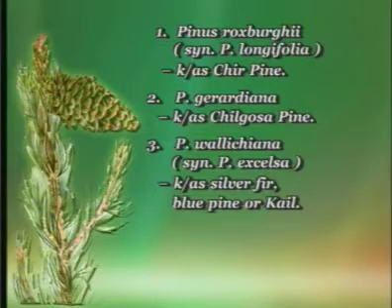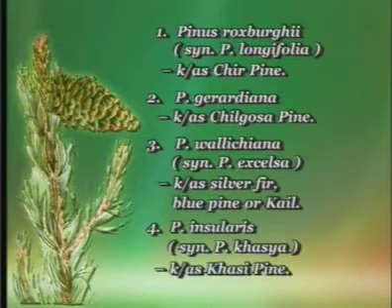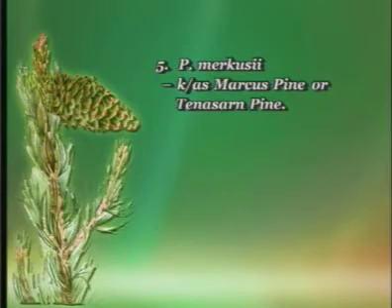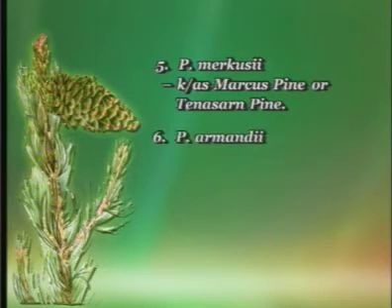Pinus wallichiana, known as Pinus excelsa, is also called silver pine, silver fir, blue pine or kail. Pinus insularis or Pinus khasya, popularly known as khasi pine, Pinus merkusii or merkus pine and Pinus armandii. So, these are the Indian species of Pinus.